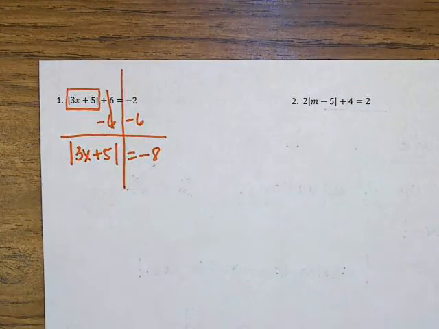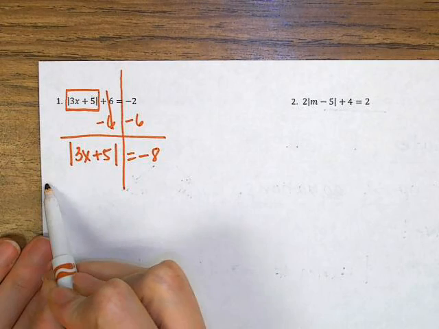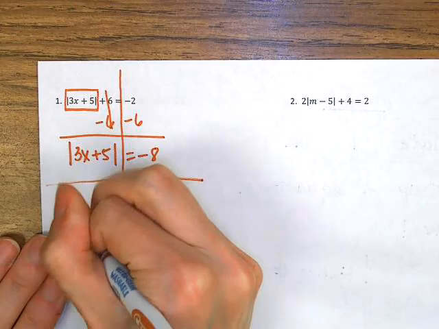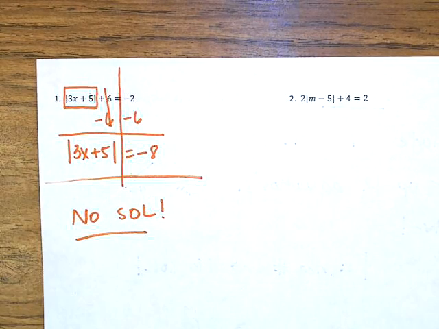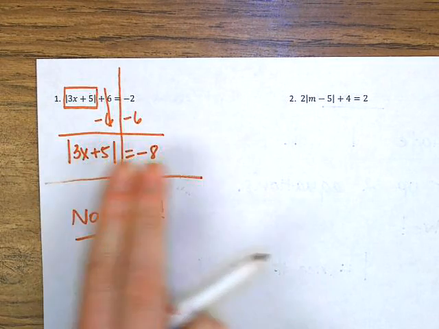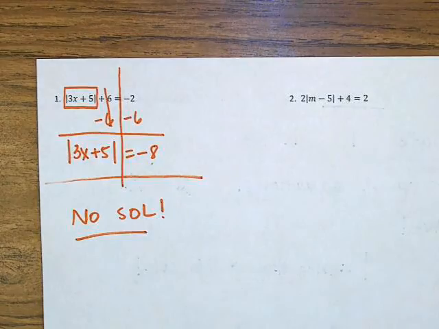If you're isolated and your absolute value is equal to a negative number, you stop and you say, there's no way, no solution. Absolute value will always give you a positive answer. So if it's equal to a negative number, no solution. Okay, so those are kind of nice. You get to stop soon.